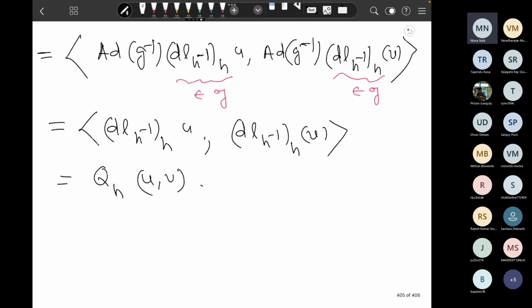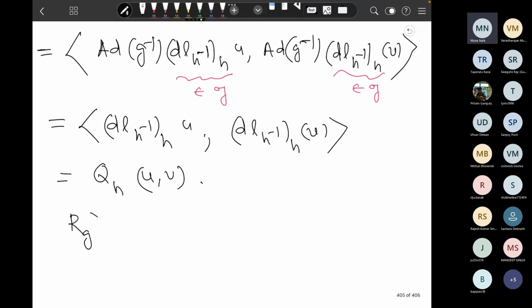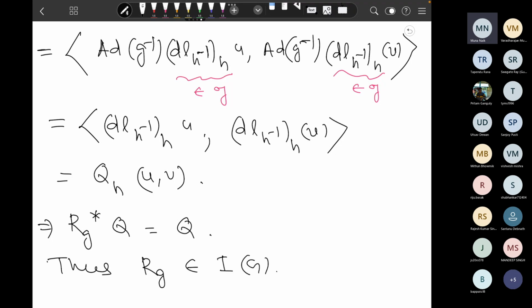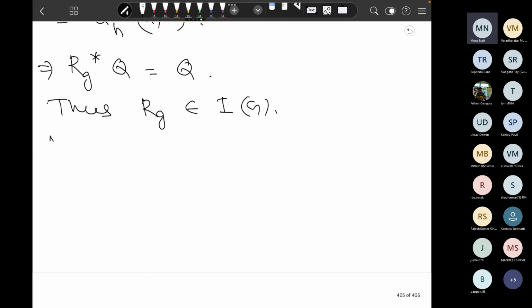So that means R_G star Q is equal to Q. Thus for R_G belonging to the right translations, Q is right invariant.